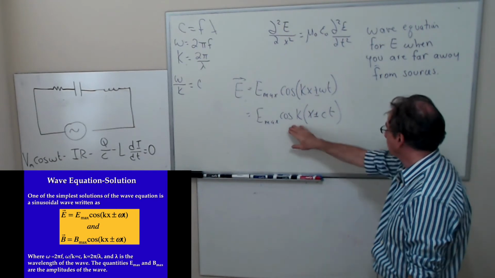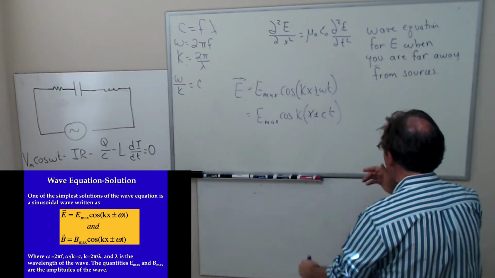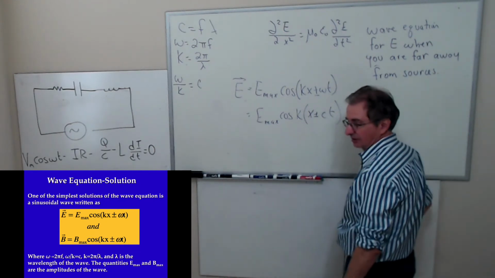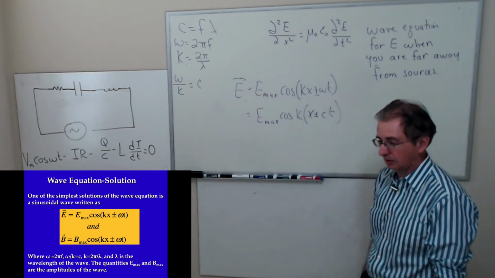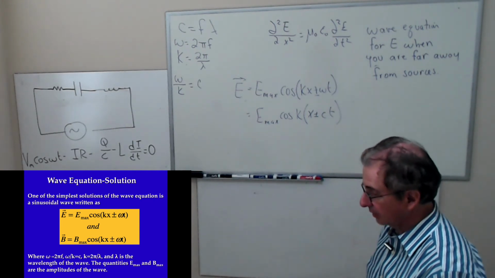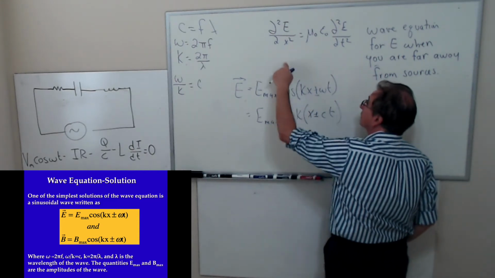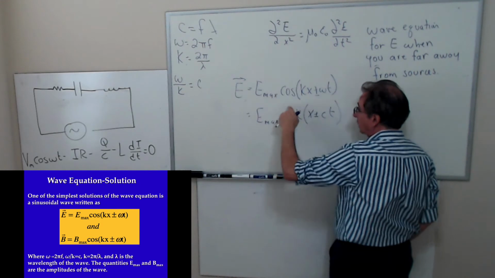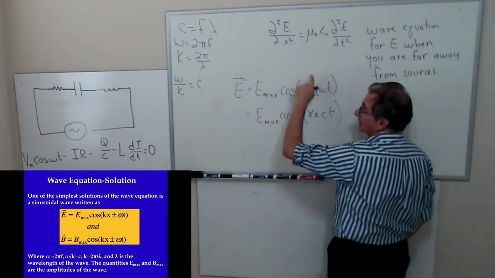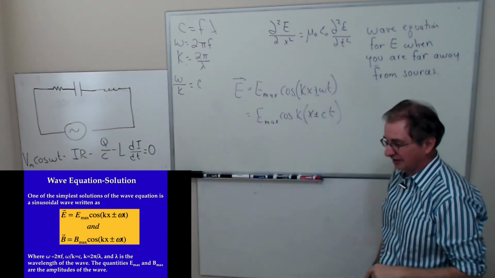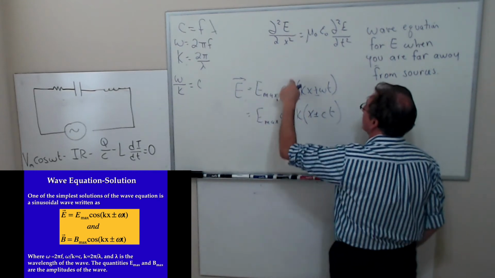In the case of sines and cosines, whatever you're taking the cosine of has to be dimensionless. But you still have this form in there. Okay. Now, our job here is not to get this expression from this guy. Your job is to be able to show that this satisfies that equation.